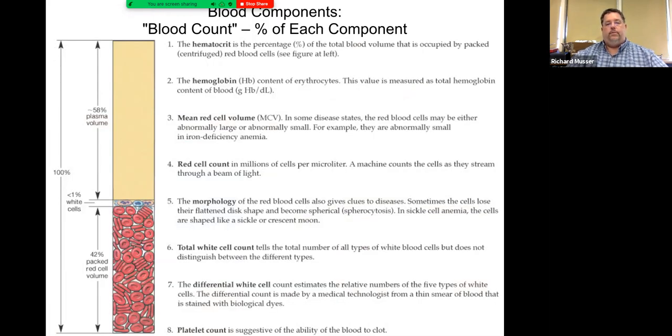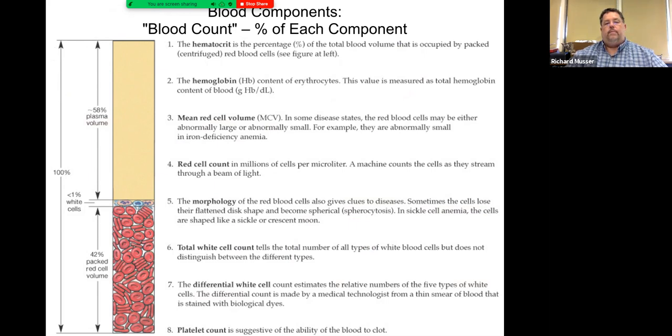Here's just another example of the hematocrit. Again, you can see that the middle portion has a lot of the white blood cells. The blood plasma represents over 50%, 55, 58%, with 40-something, 45% for the red blood cells, and less than 1% for the white blood cells.